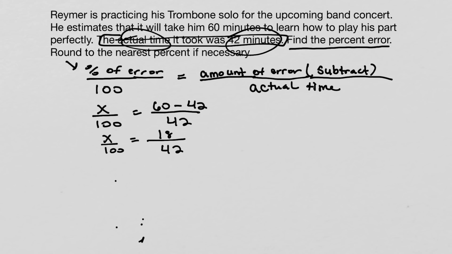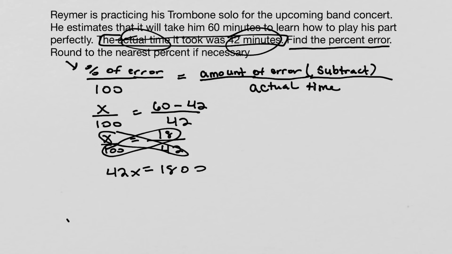Let's solve by cross multiplying. 42 times x and 100 times 18. So x times 42 is 42x, and 100 times 18 is 1800. Solve for x by dividing both sides by 42.